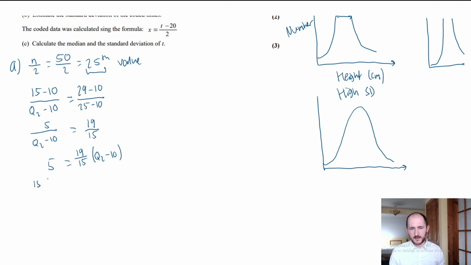So that would be 15 times 5 over 19 equals Q2 minus 10, which means Q2 is equal to 15 times 5 over 19 plus 10. So let's work out what that would be.